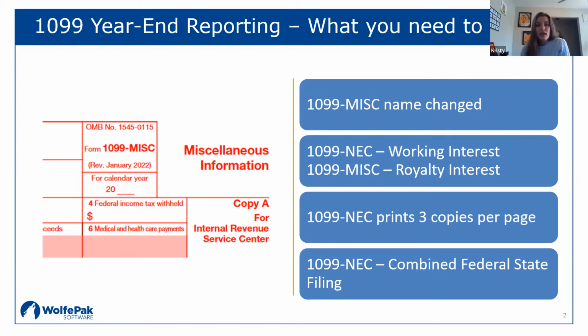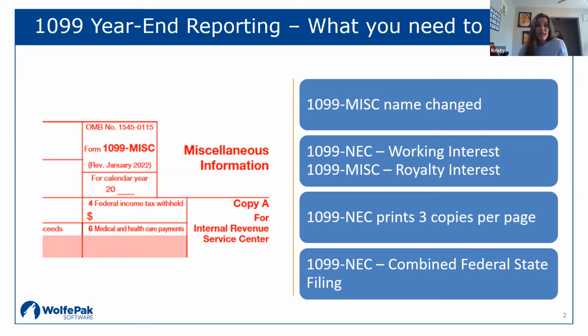One change that is really insignificant is that they've changed the name of the 1099 miscellaneous form from the miscellaneous income form to now it's just a miscellaneous information form. The other thing that you will know is that we are still going to be using the 1099 NEC form, the non-employee compensation form, and that's still going to be prevalent in this particular year as well.